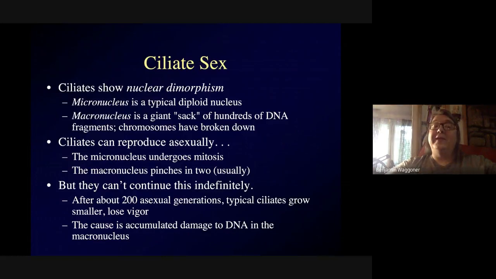As I mentioned, ciliates show nuclear dimorphism, where the micronucleus is your standard eukaryote nucleus, and the macronucleus is this giant sack of DNA fragments. Ciliates can reproduce asexually, but as I mentioned, they can't keep doing that forever.